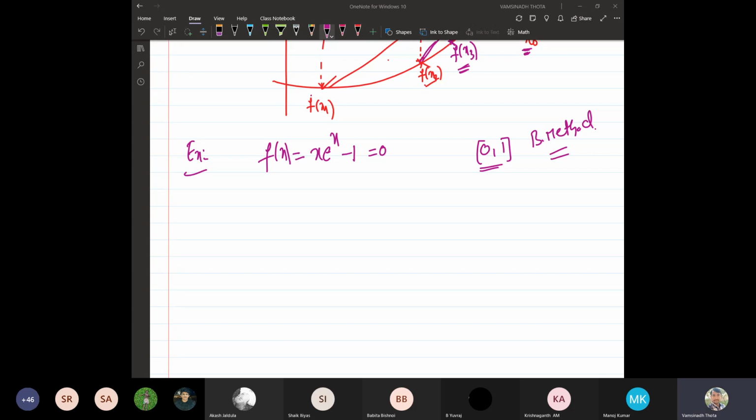Whether anyone solved this problem? Okay. Vigneshwar said 0.59375. Vigneshwar, may I know how many iterations you took to get this value?